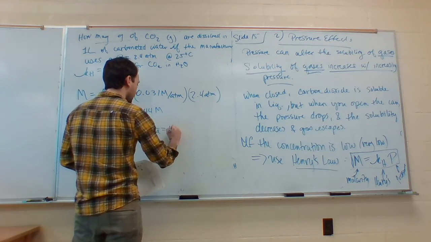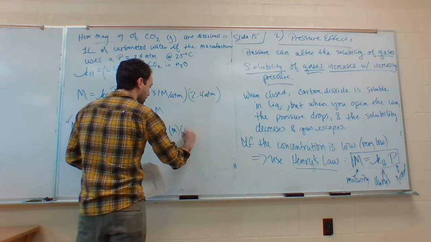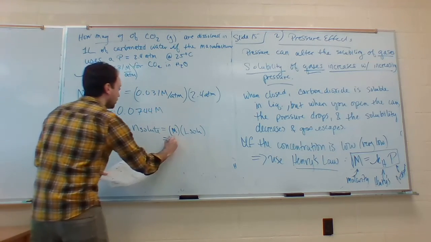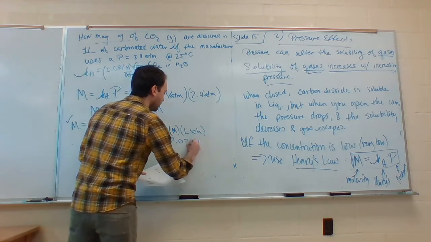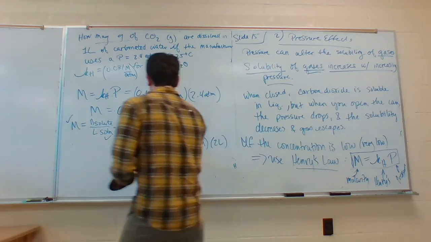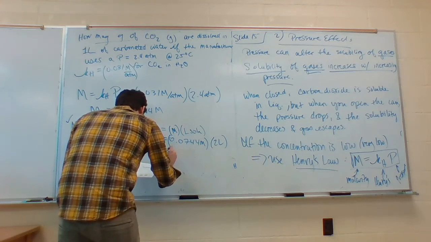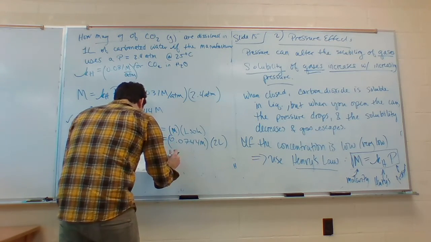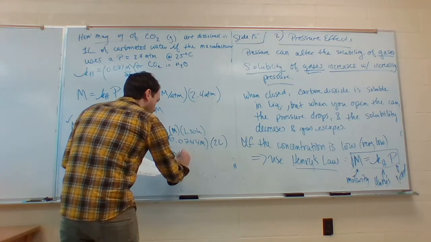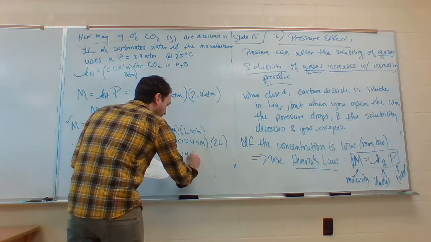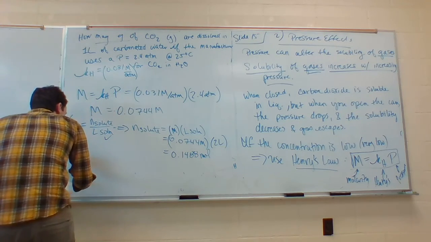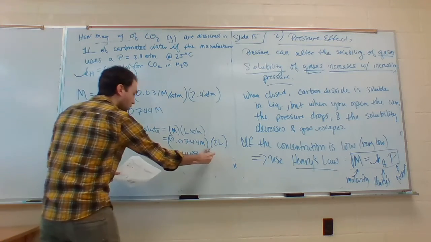So we have M times our liters of solution, which is equal to 0.0744 molar. We have 2 liters, which is going to give us 0.1488 moles, okay?